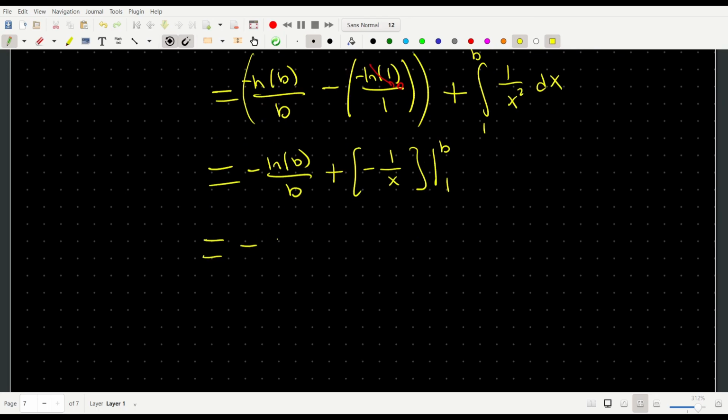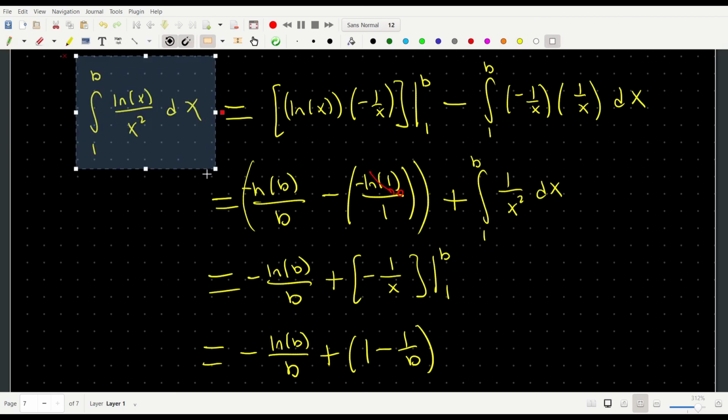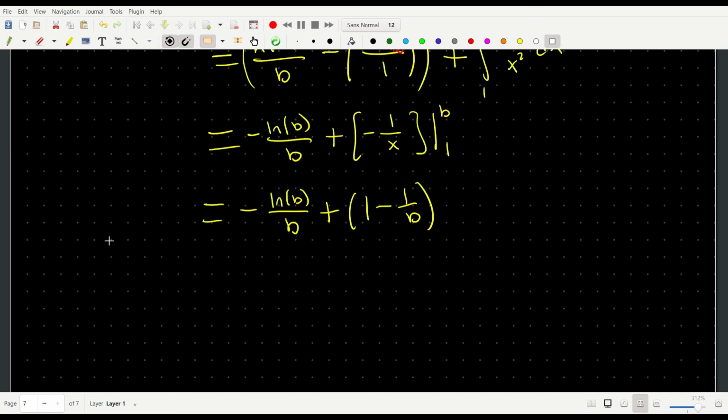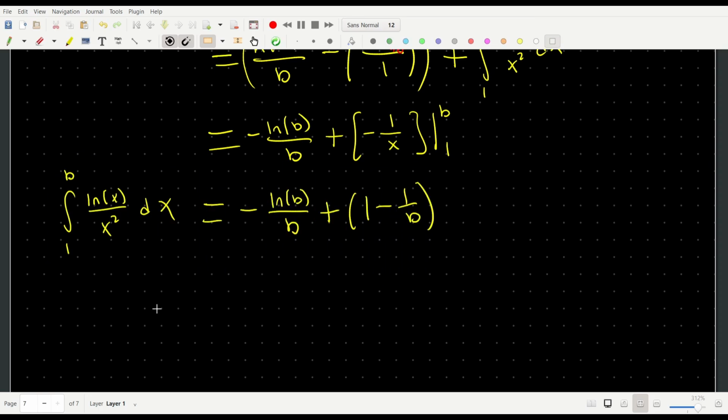And so our final result here is going to be negative ln of b over b plus, when you plug in b here, you get negative 1 over b minus negative 1 over 1. So this is going to be 1 minus 1 over b. And remember, this is the integral from 1 to b of our original function, ln of x over x squared.